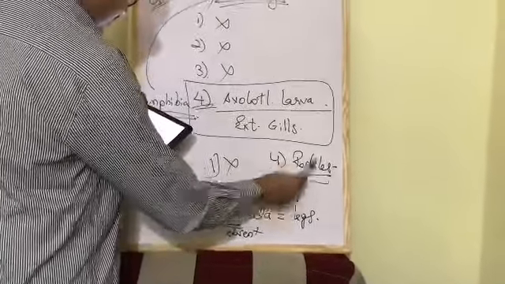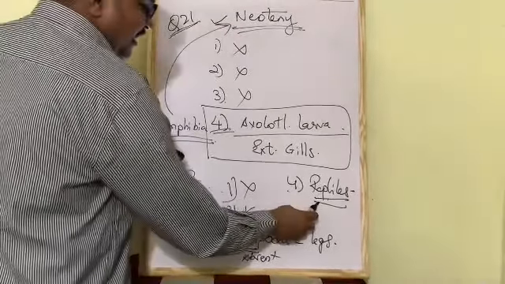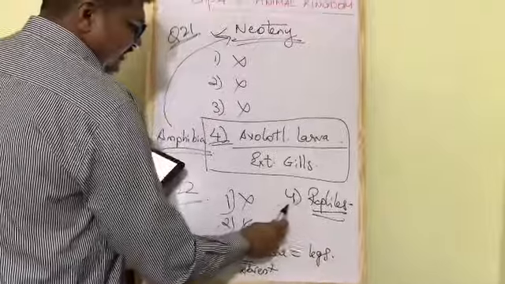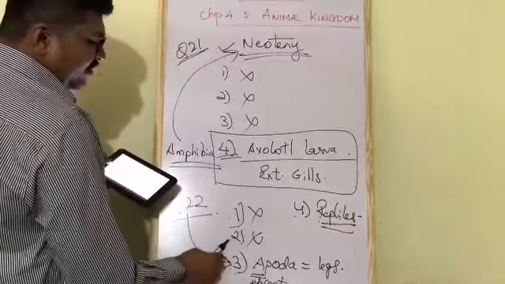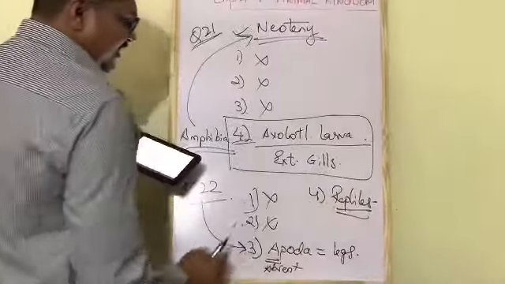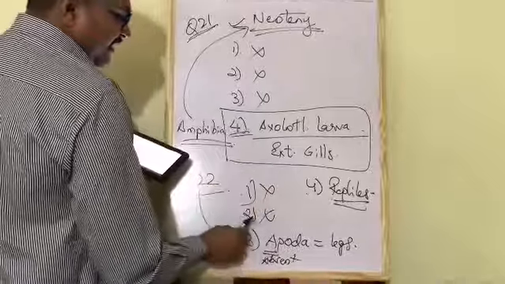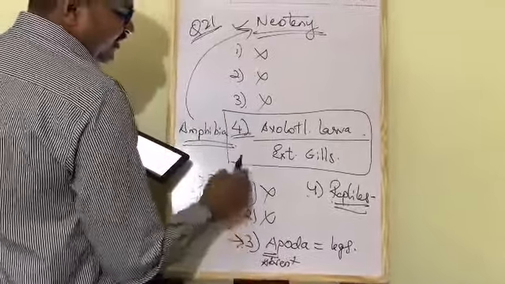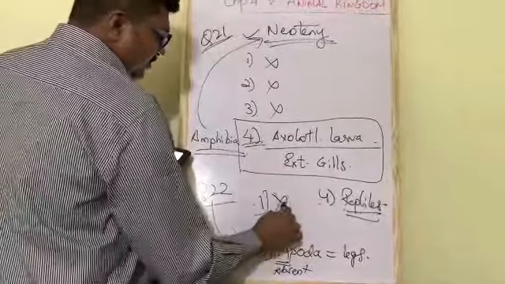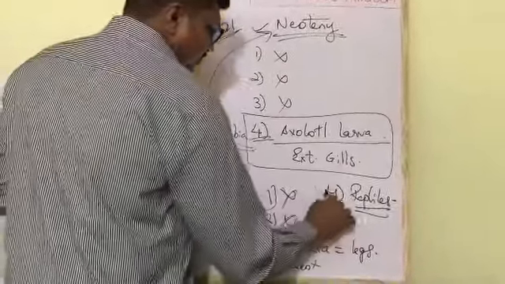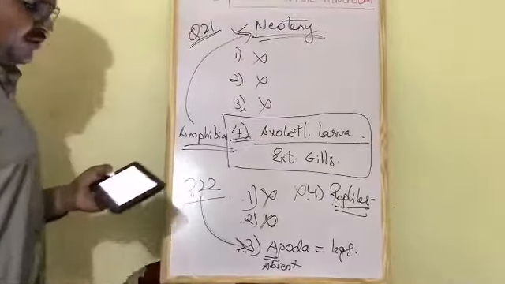Option number 4 is in reptiles, which is Squamata. Squamata has lizards, which are reptiles. Urodela also appears like lizards. The salamanders appear like lizards, but since they have mucus covered skin, we can differentiate between these two. So option number 1 is incorrect, 2 is incorrect, 4 is incorrect. The correct answer for question number 22 is option number 3.